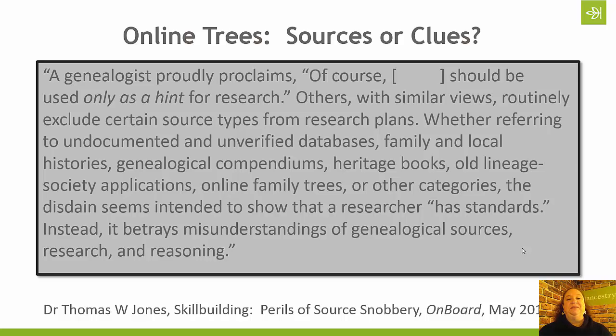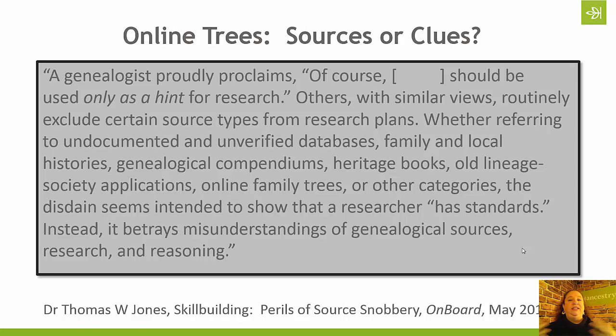Now, he goes on to talk about some really great things in that article, but you can see here that online family trees are not a new thing as it relates to people putting together genealogies and putting them out in the world. The internet, of course, has sped that up, has made it more accessible to more people, but there have always been this type of information out there. In published family histories, he lists old lineage applications, heritage books, genealogical compendiums, family and local histories.